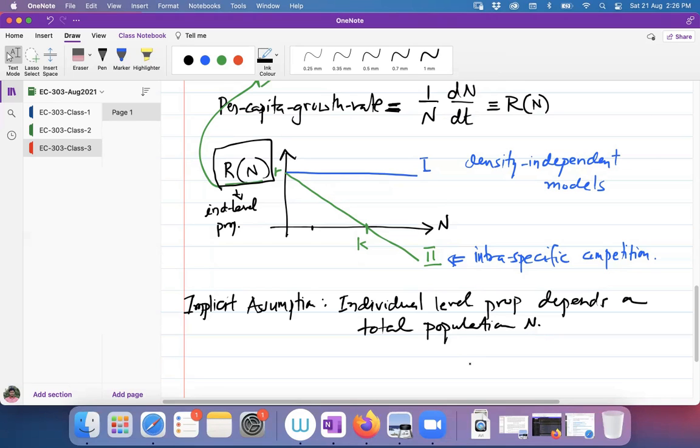So are the resources also homogeneously distributed so that we get an overall effect on an individual? One is about resources. What else? Think about the interactions again, because we are not explicitly modeling resources here. We're only modeling the effect of competition, right?